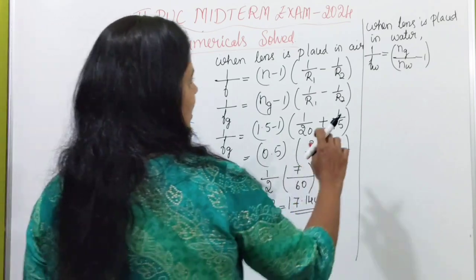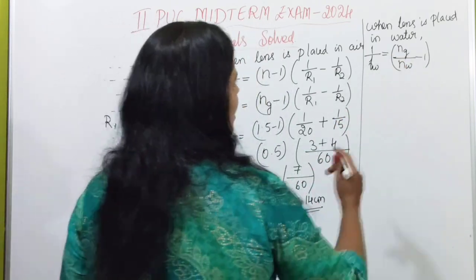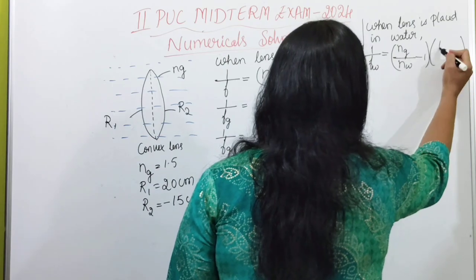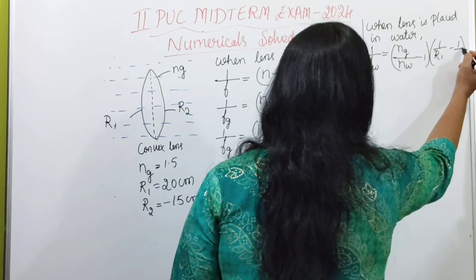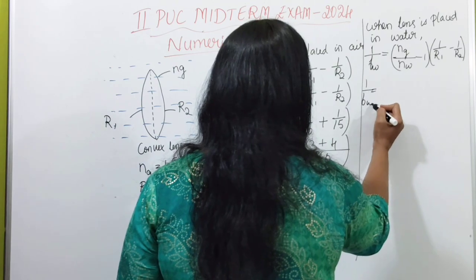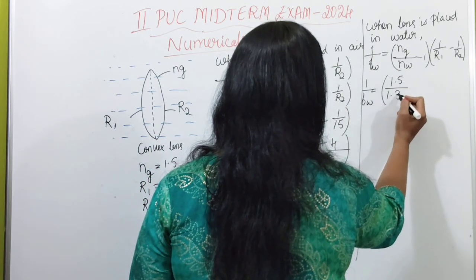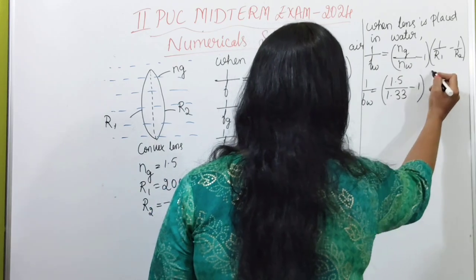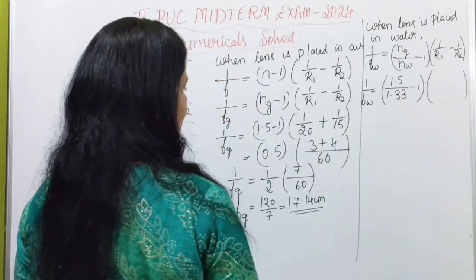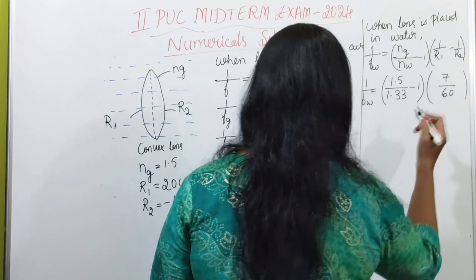Now, when the medium changes, we need to write Ng by Nw minus 1, into 1 by R1 minus 1 by R2, which remains the same. So 1 by FW is equal to Ng is 1.5, Nw is 1.33, minus 1, and this is the same, that is 7 by 60.